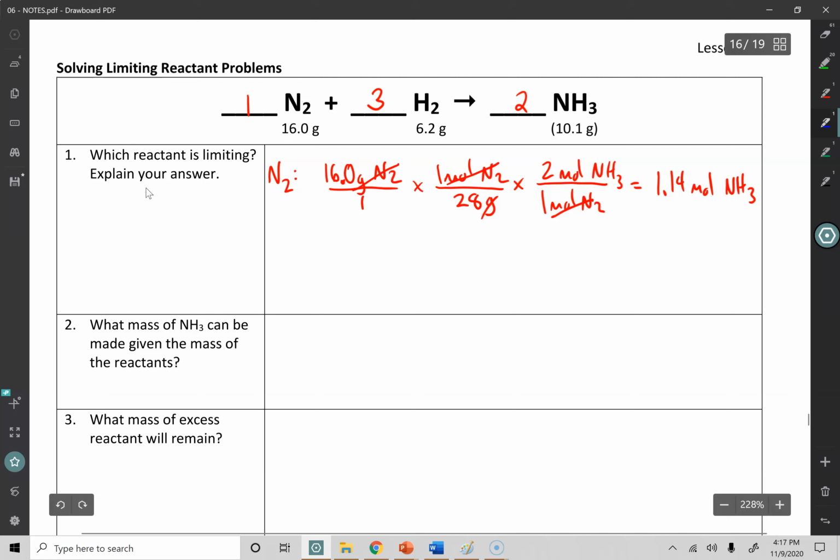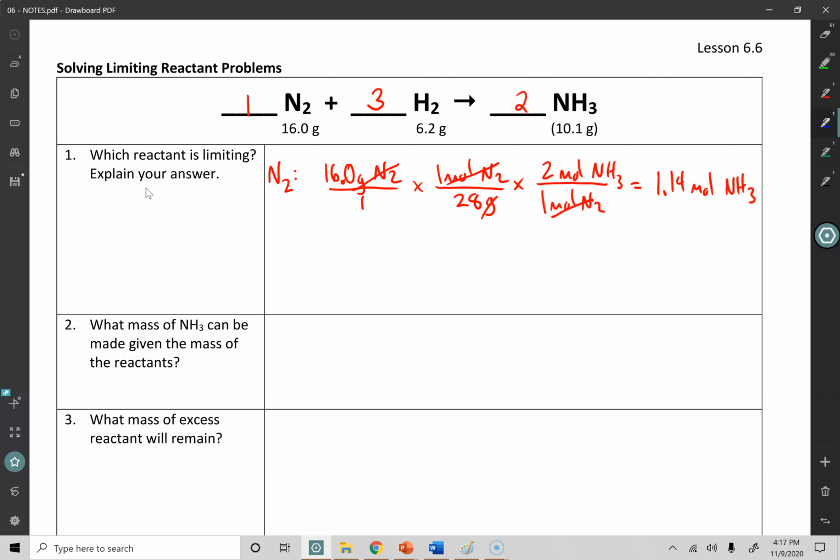I'm going to repeat that same sort of calculation, making the opposite assumption. Now I'll assume that hydrogen is my limiting reactant and there's plenty of nitrogen to go around, and I'm going to see how much ammonia can be produced from 6.2 grams of hydrogen. Take the number I've been given along with the units, be specific.